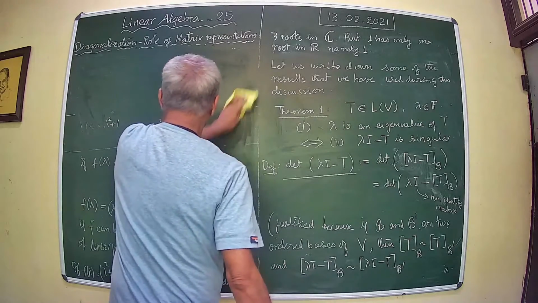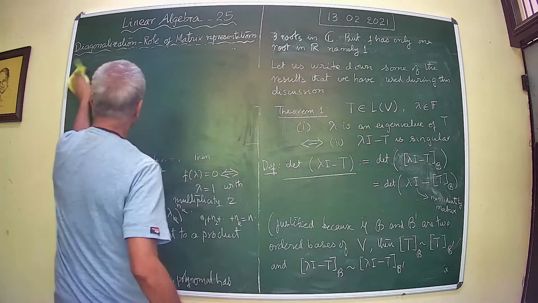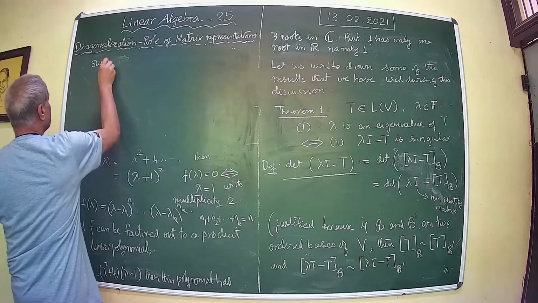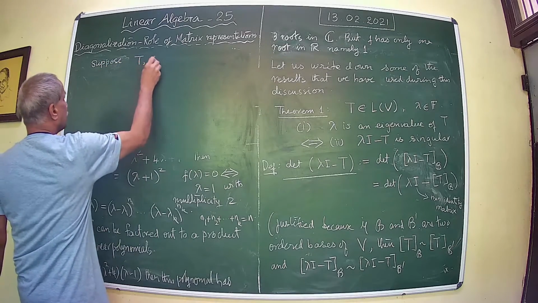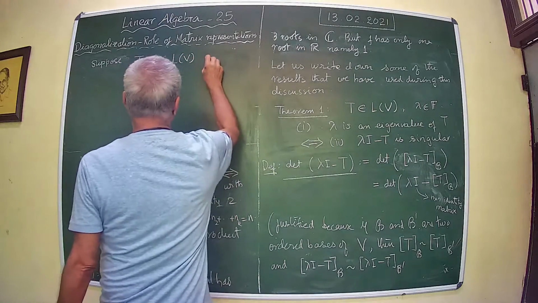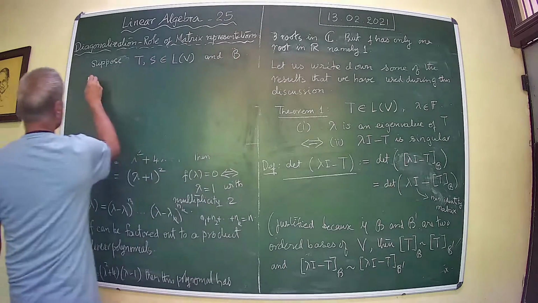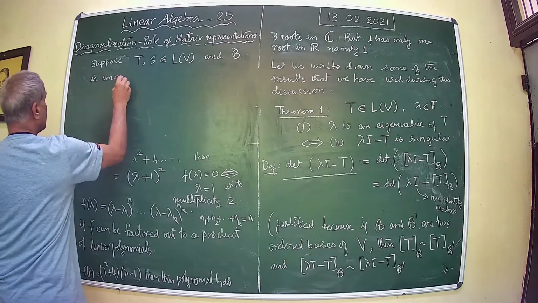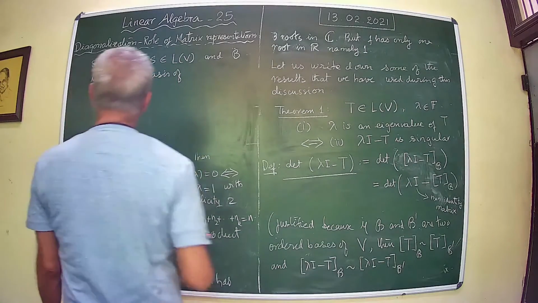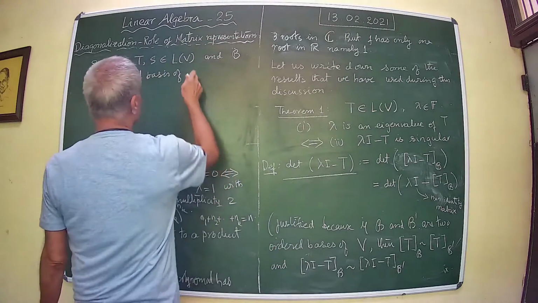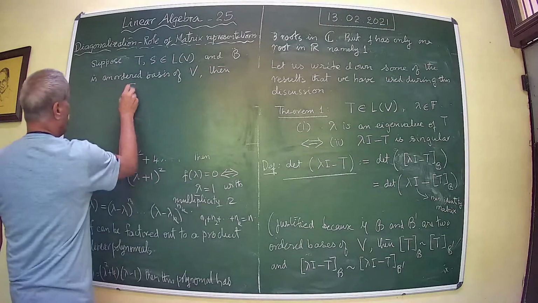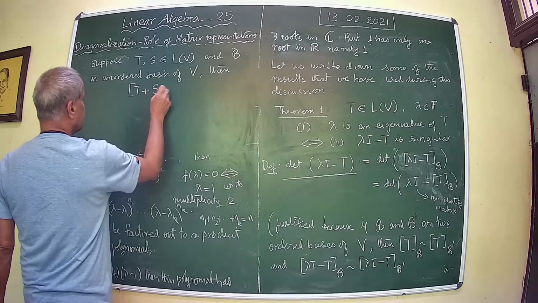You know that the matrix representation of, suppose, an ordered basis B, then the ordered basis B prime.